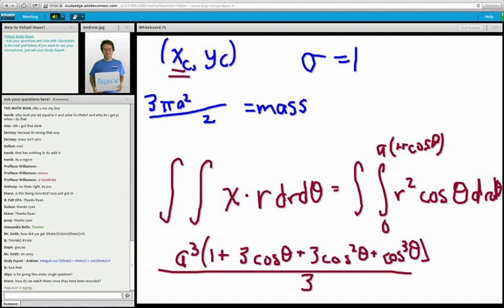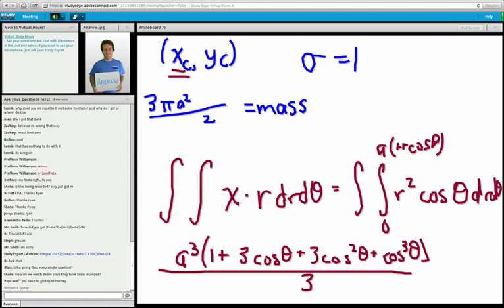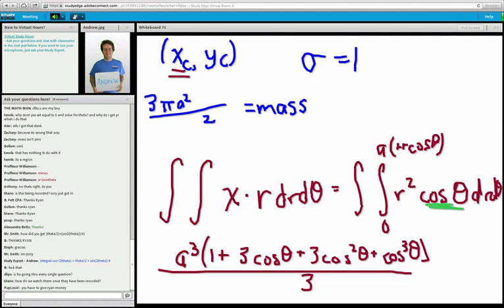And then don't forget, there's this cosine still sitting on the very right. So we actually have an extra cosine theta. And we would be expected to integrate that with respect to theta from 0 to 2 pi.